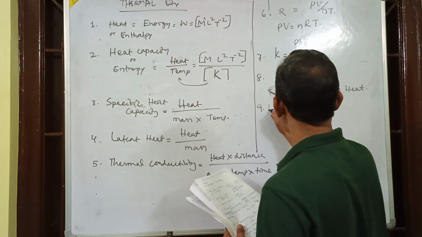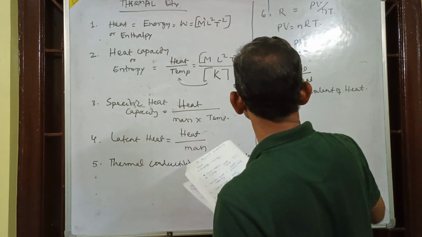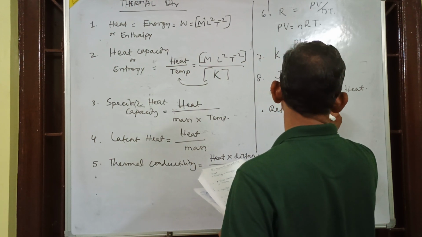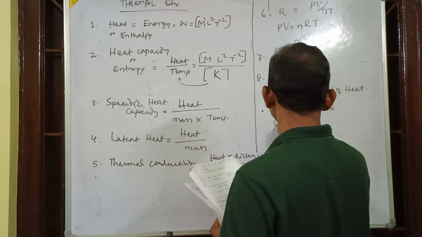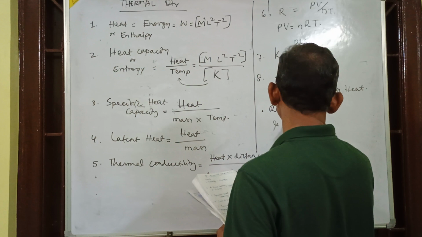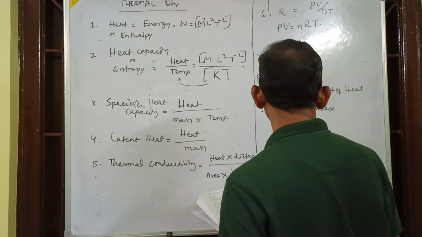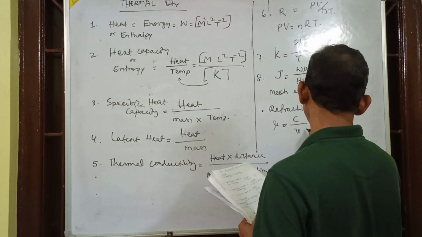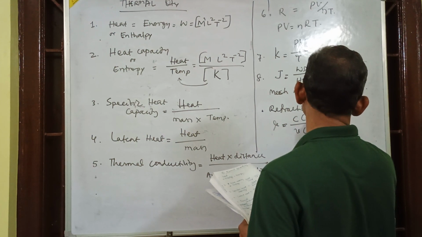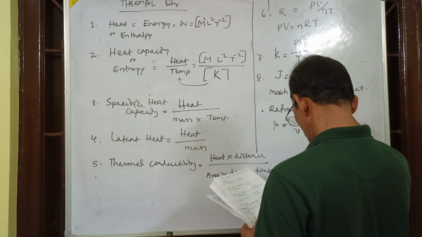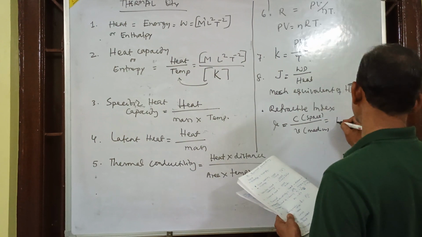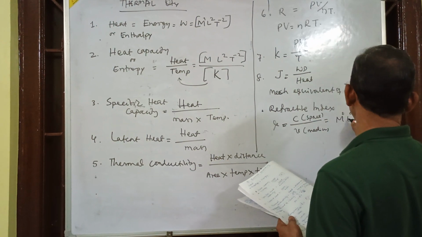Refractive index is speed of light in space over speed of light in medium. It is velocity upon velocity, hence it is dimensionless.